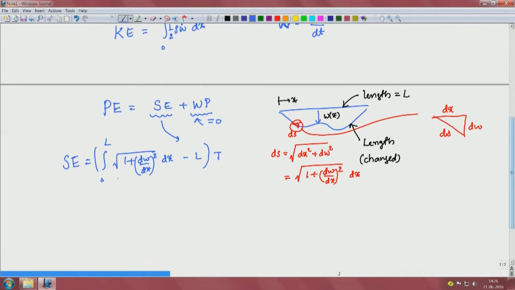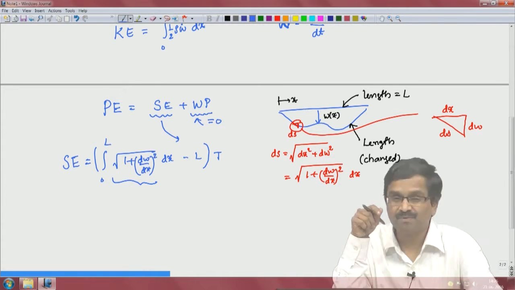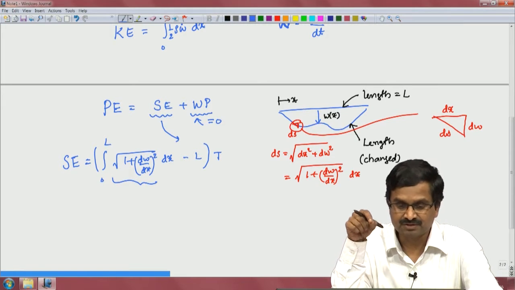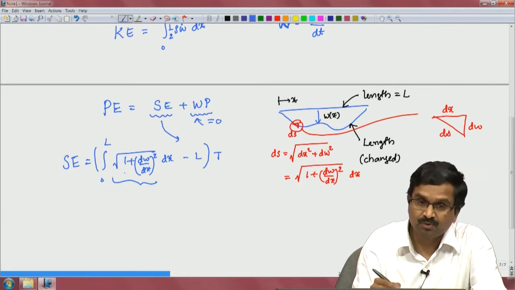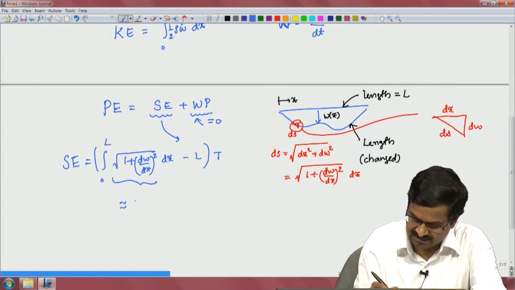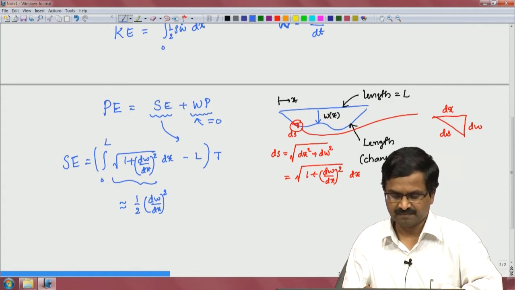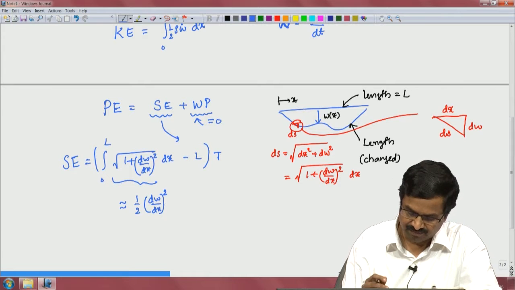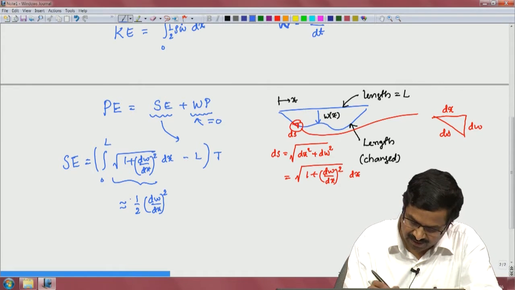Now, we are going to approximate this because w is going to be small, for small vibrations. The square root of 1 plus dw by dx square, for small slopes or small vibrations, we can approximate as 1 plus half dw by dx square. The square root of 1 plus x for small values of x is equal to 1 plus half x.